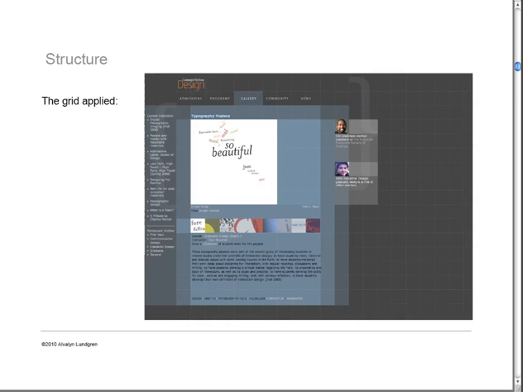And here we see the structure concept applied to a website. Obviously the background image is basically a set of 3 up and 3 down squares that are multiplied. But then we see every spatial division is actually based on that format.